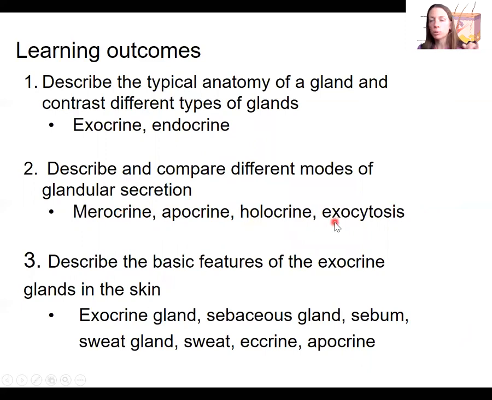I wanted to put this here because you should know this term. Then describe the basic features of the exocrine glands of the skin. So these are the different types of exocrine glands in the skin. Notice for this, I don't have anything about those complex structures of the exocrine sweat glands. You don't need to know those, although you're welcome to learn them. All right, that's all.